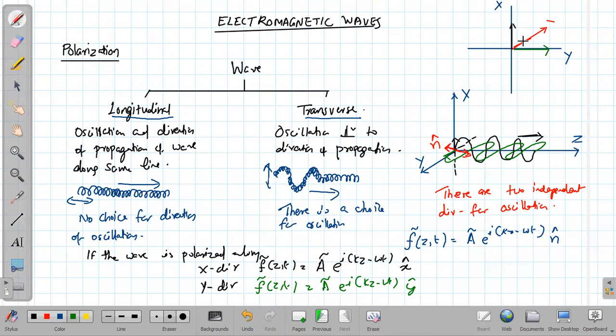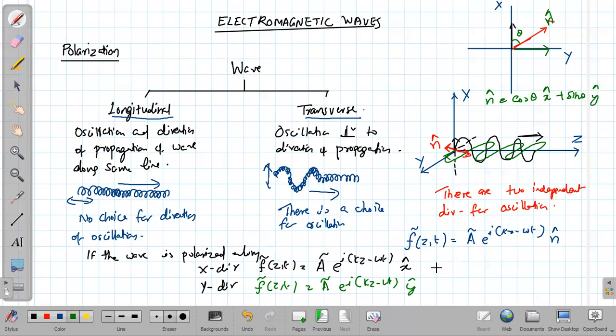If it makes angle theta with x, then n cap I can write as cos theta x cap plus sine theta y cap.